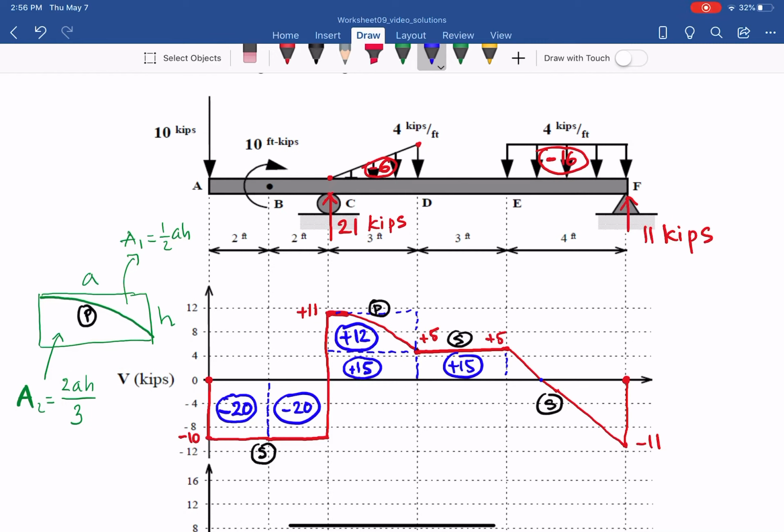So that slope here, as you can see, equals negative 4 kips per foot, because that is the yield. The slope of the shear diagram equals the magnitude of the distributed load, in this case uniform and going down.